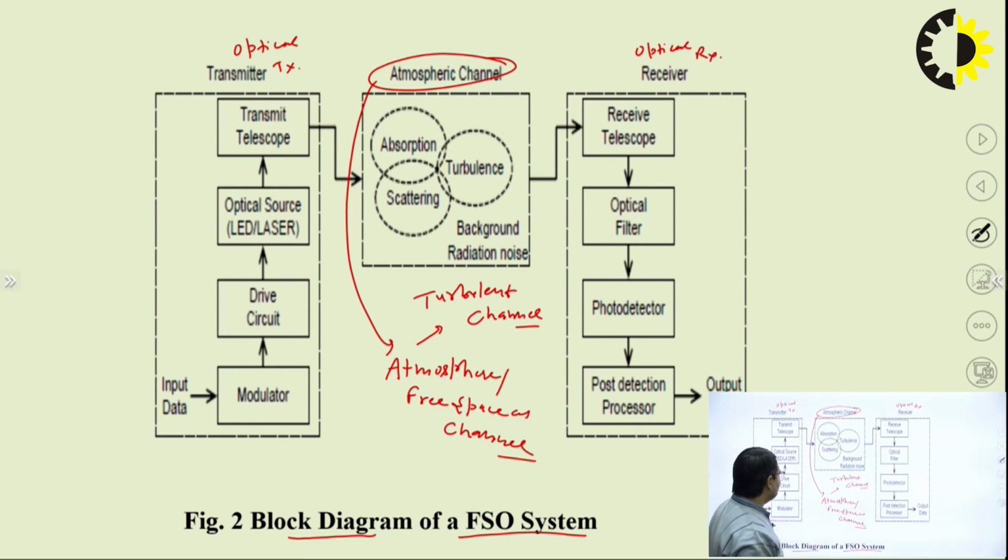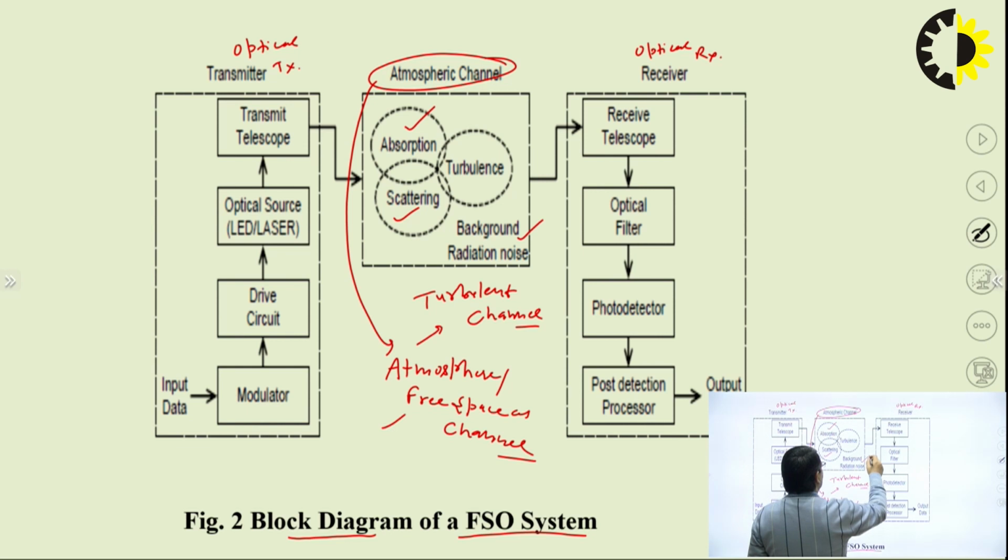So the main reasons for the performance limiting of FSO based communication system are, one, absorption of light, second, scattering of light, another reason is background radiation noise present in the surroundings.